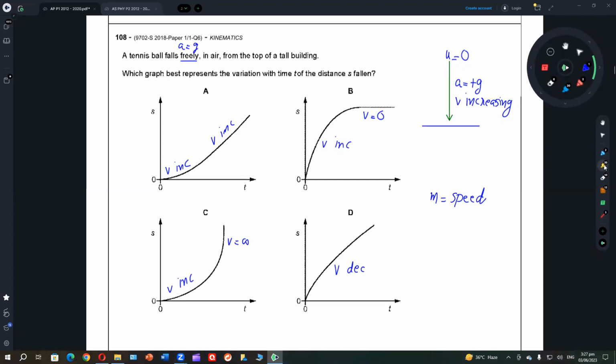Try to write your work and see which is the best, because sketches are very cleverly designed. So I think A matches with this as it is the only one showing that the velocity keeps on increasing. Just excuse me for a minute.